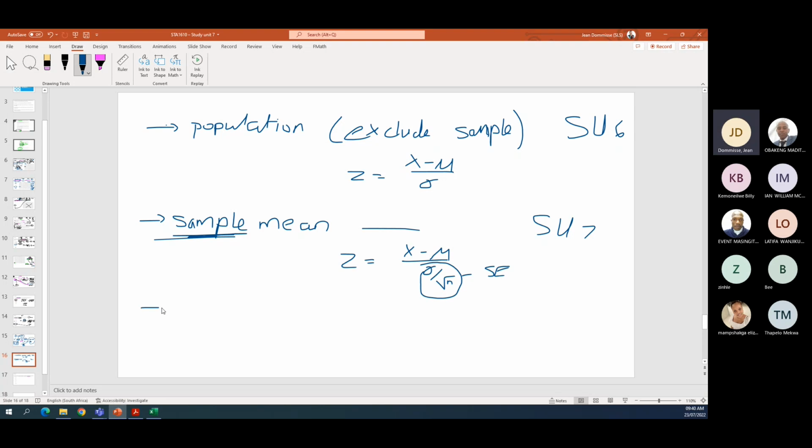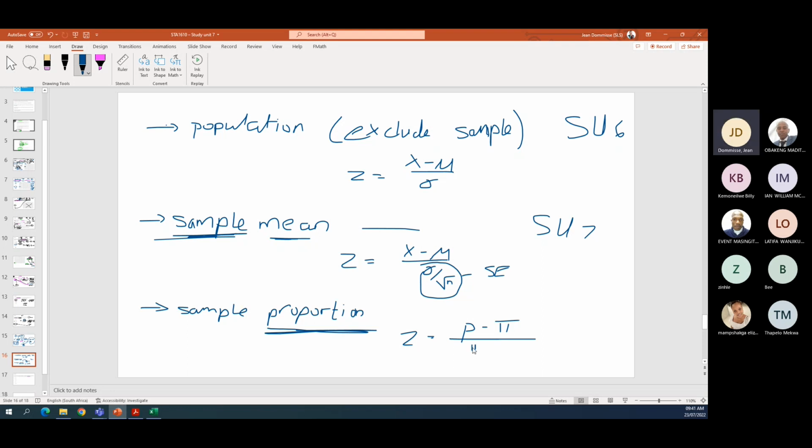And then the other one is sample proportion. Again, they need to tell you that you're working with a proportion. In the sample mean, they also need to tell you it's sample mean. And in this instance, it will then be the proportion formula.